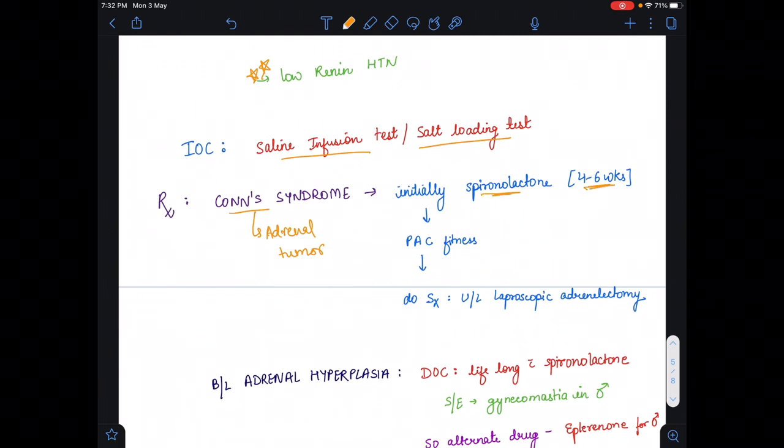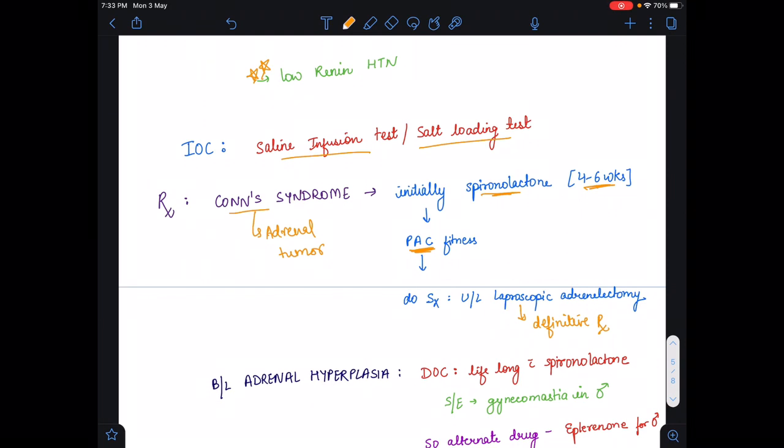As we all know, spironolactone is a potassium sparing diuretic, which decreases potassium loss, and it manages both hypertension and hypokalemia. And then after pre-anesthetic checkup, we do the surgery, and unilateral laparoscopic adrenalectomy can be done, as it is the definitive treatment.